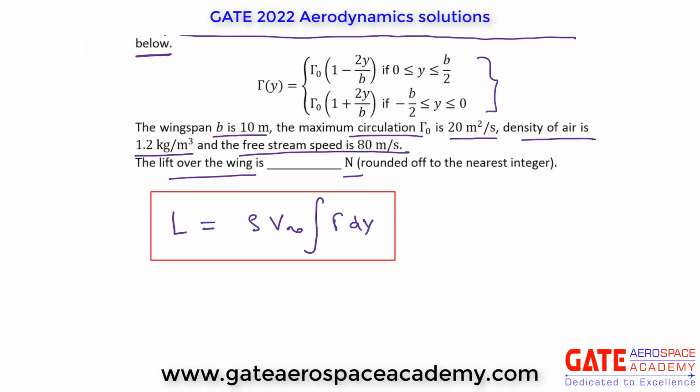So gamma is equal to gamma naught 1 minus 2y by b if y is greater than equal to 0 and less than equal to b by 2, and if y is greater than equal to minus b by 2 and less than equal to 0, then it is given by gamma naught 1 plus 2y by b.